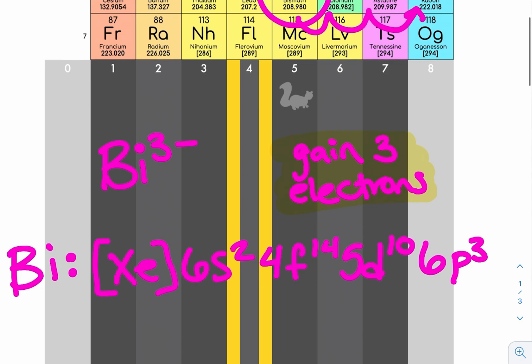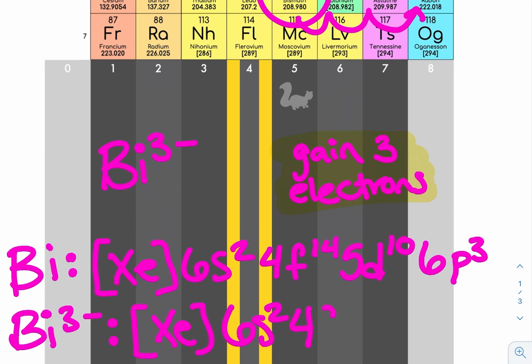So the bismuth ion will look like this. Again, we'll do the abbreviated version: 6s2, 4f14, 5d10. Looks the same thus far, right? But we're not ending up at the same spot.